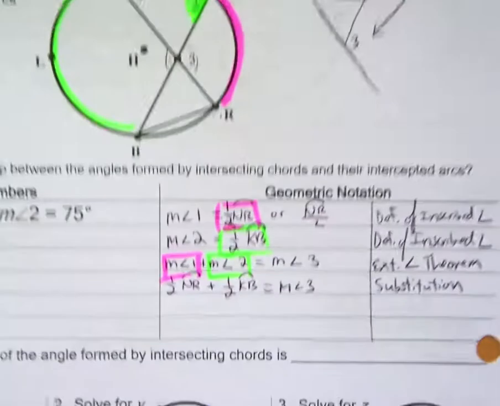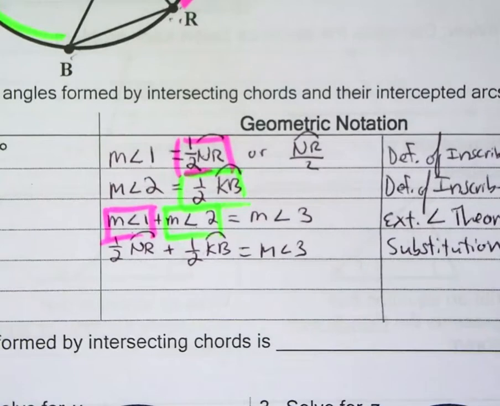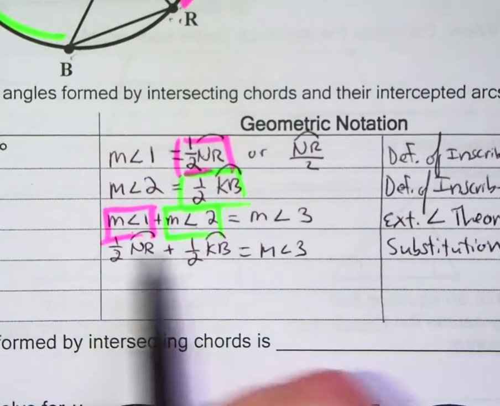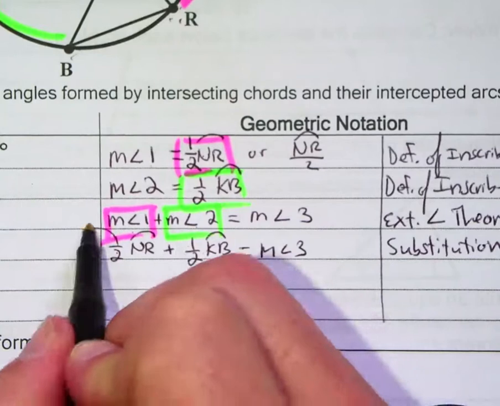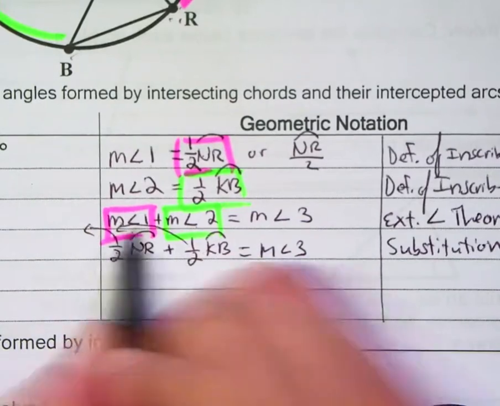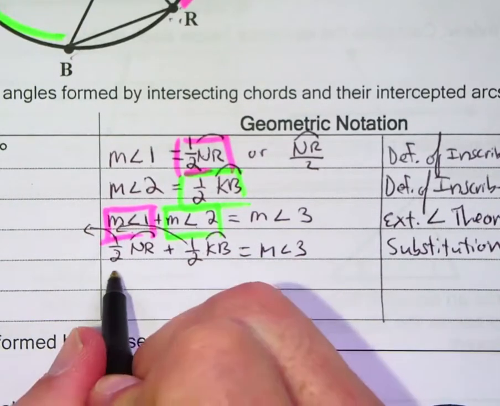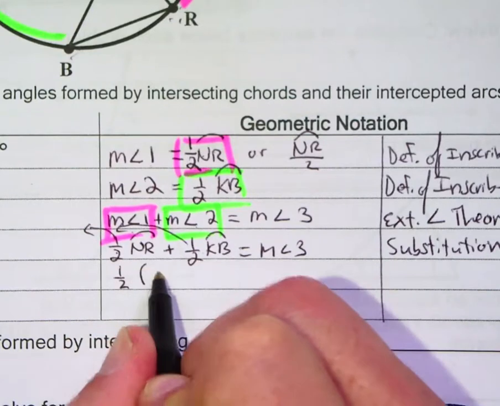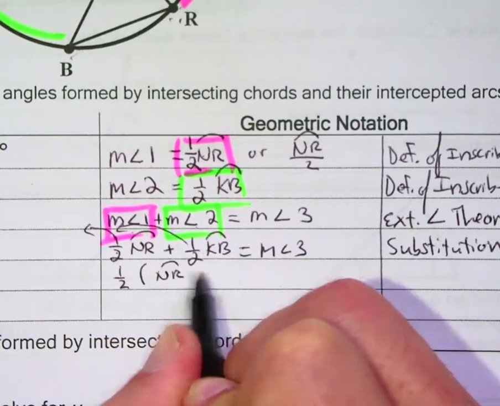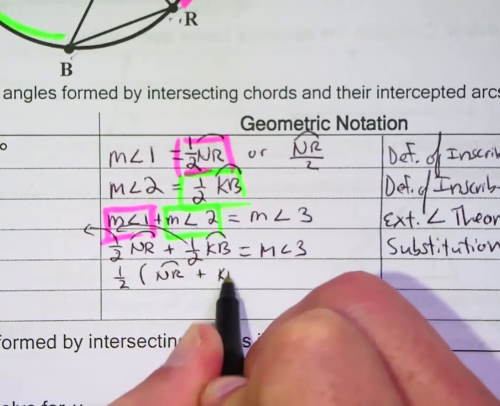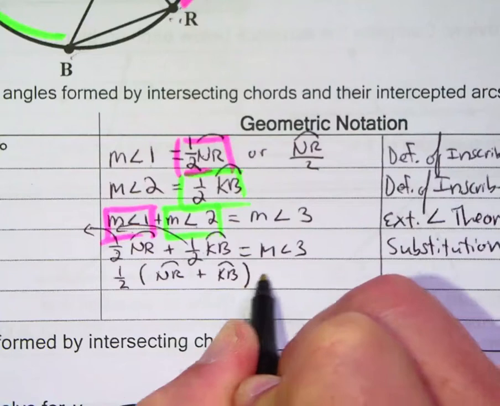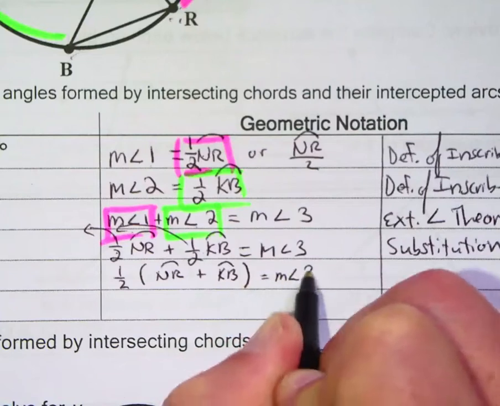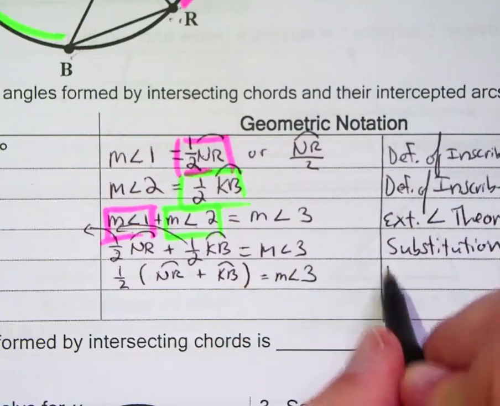And as I zoom in a little bit closer, what does that allow me to do? Well, you see there's a 1/2 here and a 1/2 here. I can factor those out and just put the 1/2 out in front. And that's really the distributive property.